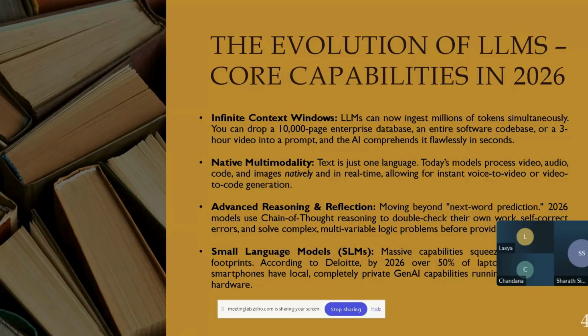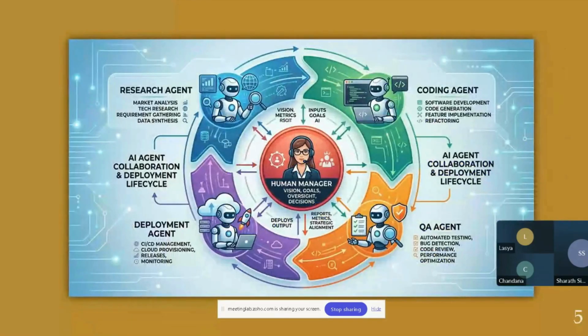Now to talk about the use cases, you have already seen that in almost every domain we have these AI agents. Like we have researcher agents, which ChatGPT, Claude, and Perplexity are all using. We have coding agents, like GitHub Copilot, Cursor AI, and Codium.